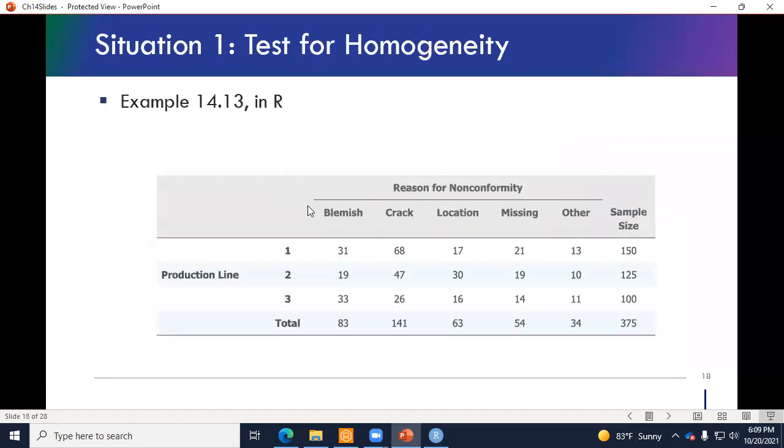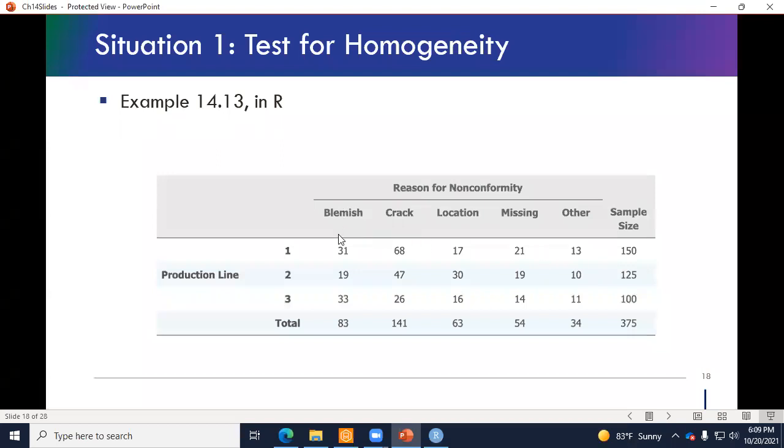Another example: we have three product lines, 1, 2, 3. These are our three populations of interest, and we have the number of nonconforming products for different reasons, with a count for each.